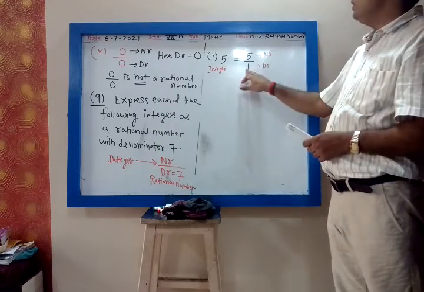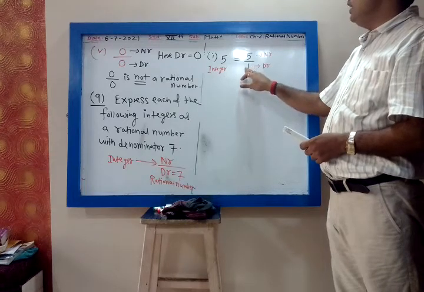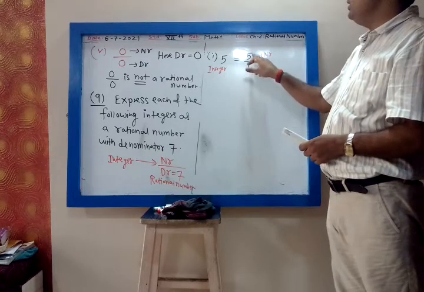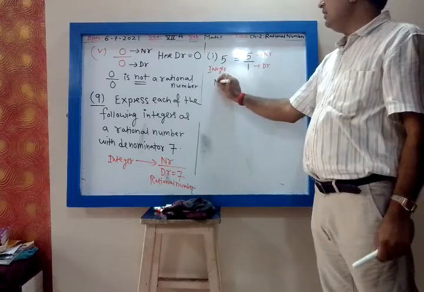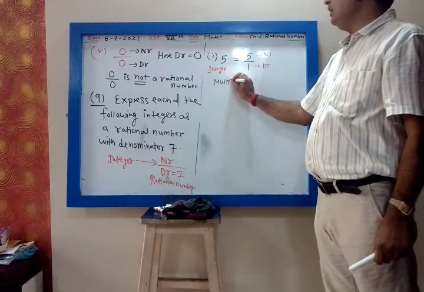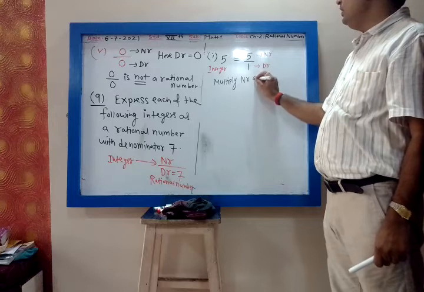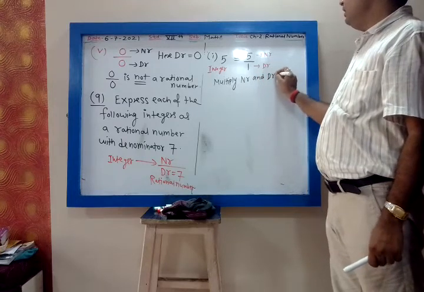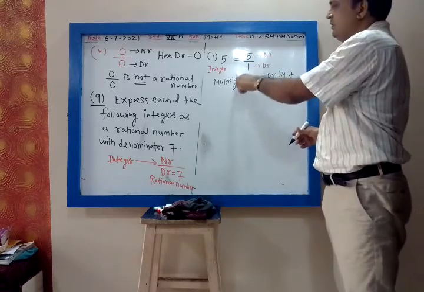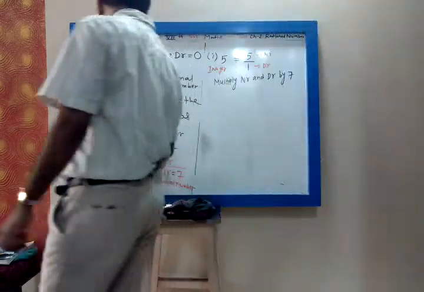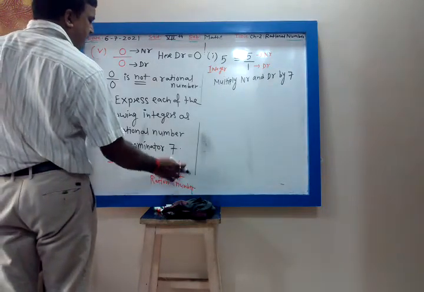So I have to multiply 1 by 7, and simultaneously I have to multiply the numerator by 7 also. So we multiply numerator and denominator by 7, because we want denominator 7.